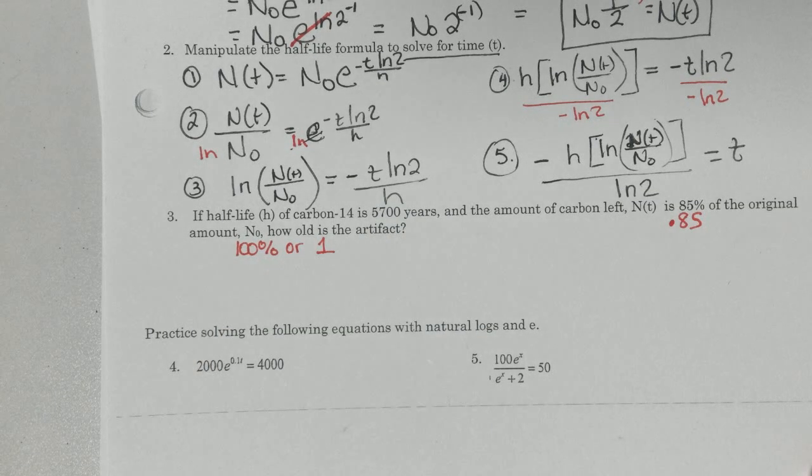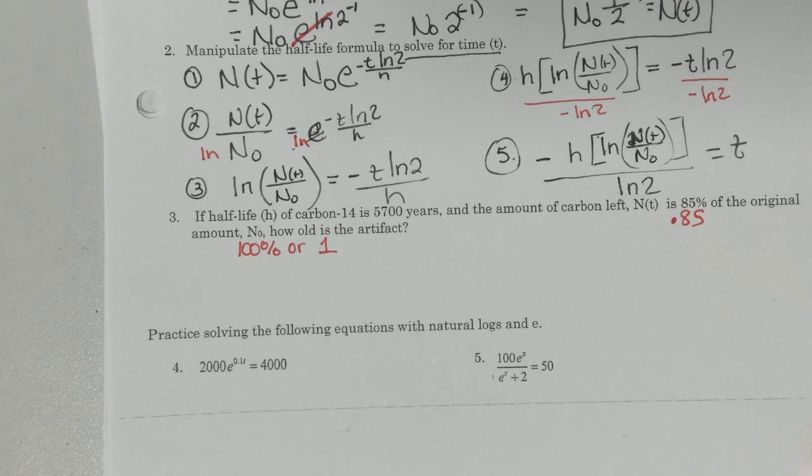Doesn't even matter what the actual measurement amount was. All that matters is we know how much is left over, or how much remains, or how much was used. If 85% is left over, how much dissipated? 15%. 15% is gone.